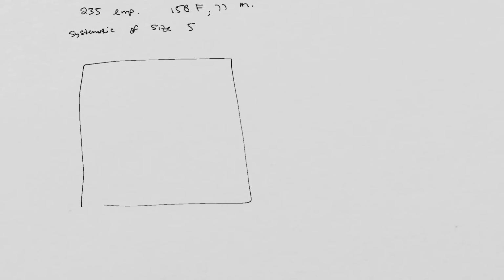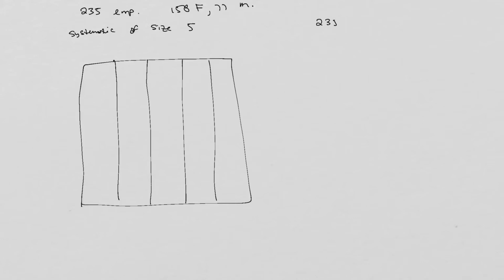All right, so for the first one, we have a systematic sample of size 5. Which means I will make a framework with 5 different columns. Right? And let's see, 235 divided by 5 is 47, which means I will have 47 rows.